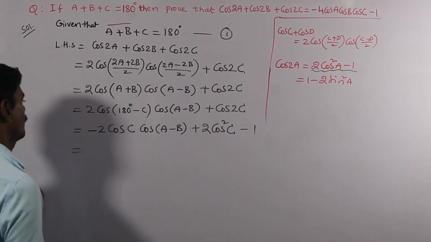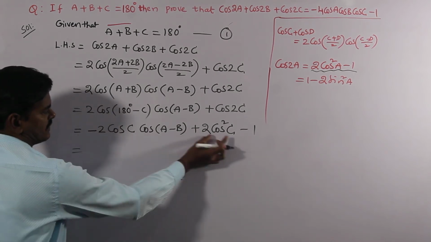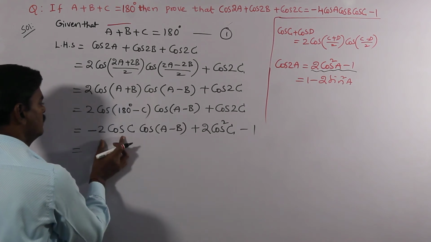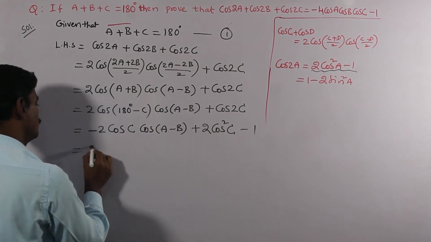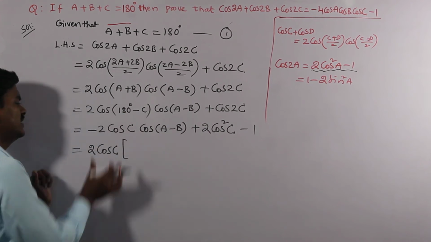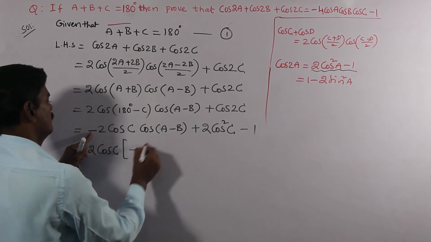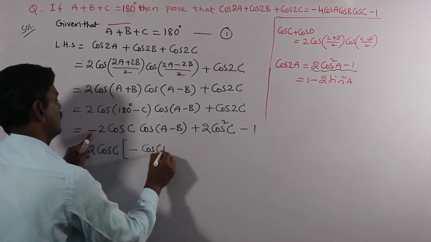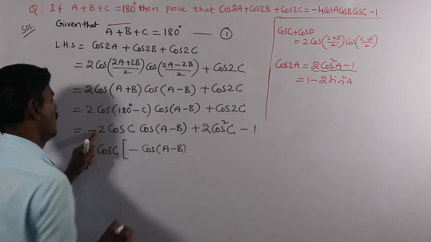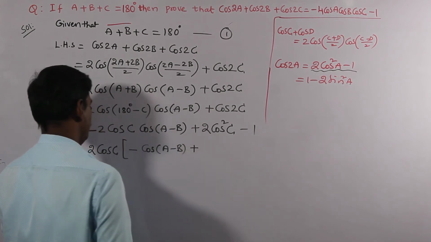Now we can take 2 cos c common. After taking 2 cos c common, we are left with minus cos of (a minus b), which remains, and here plus.